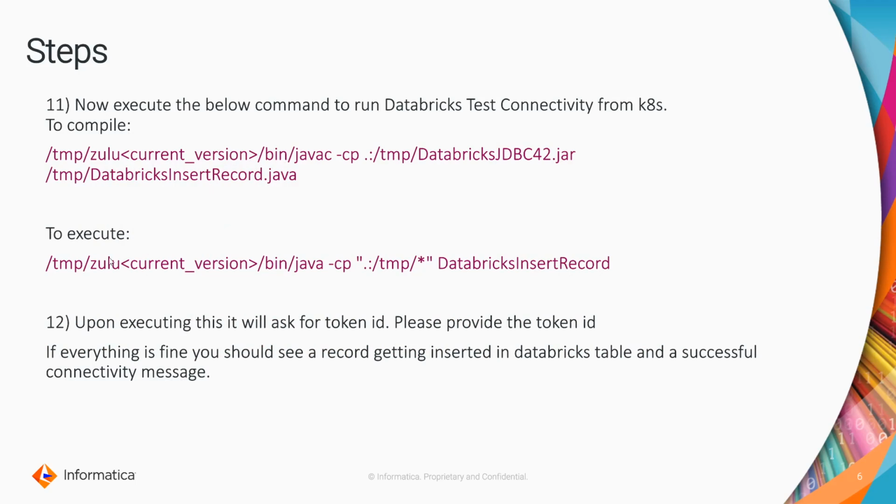For executing, this is the command, and in both the commands it will be the same, just the first command will be javac and the second one will be java. Once you execute this Java program, you will be asked for the token ID. The token ID will be the token used for connecting to Databricks. You can use the same token which is used in the Databricks connector.